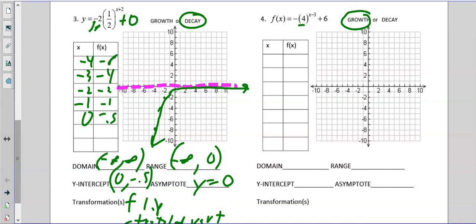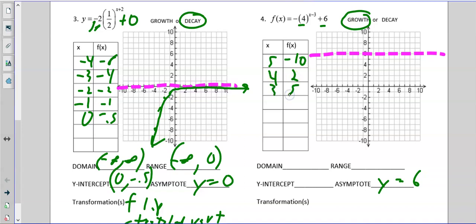All right, so right at the bat, there's my asymptote. So at 6, I'm going to put a horizontal line, best I can. And I'm going to put y equals 6 right here. Now, I don't have a lot to put on the table. Okay, so (5, -10), (4, 2), (3, 5).